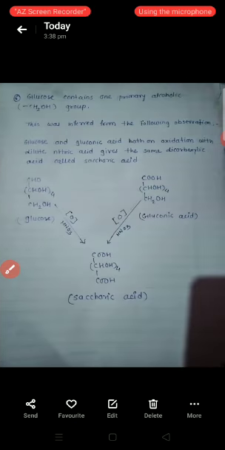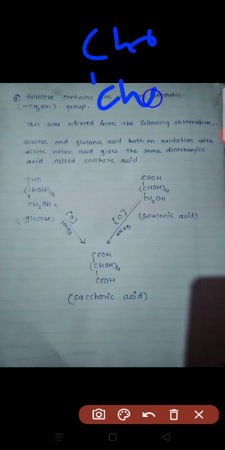And the last one is that glucose contains one primary alcoholic group. See the structure of glucose. CHO, CHOH four times, and this is the primary alcoholic group. This is confirmed when glucose and gluconic acid react with HNO3, then saccharic acid is formed.